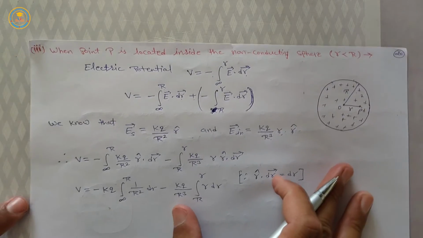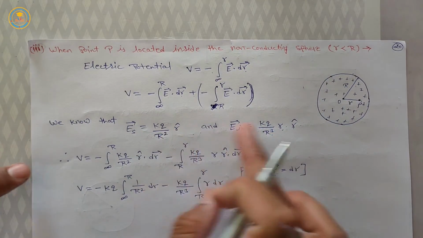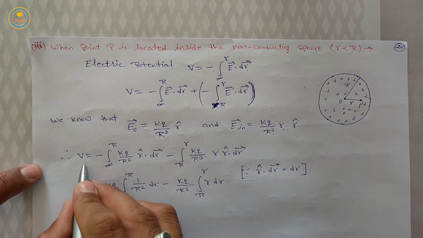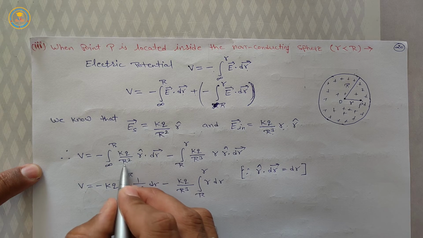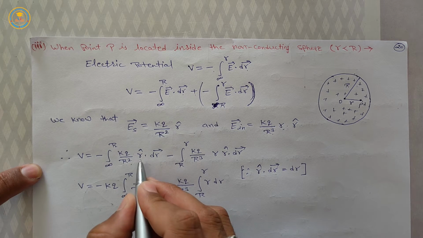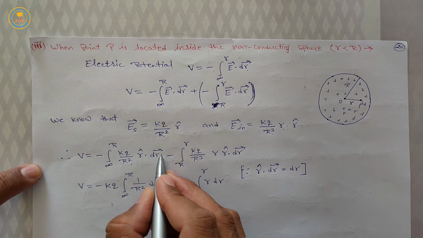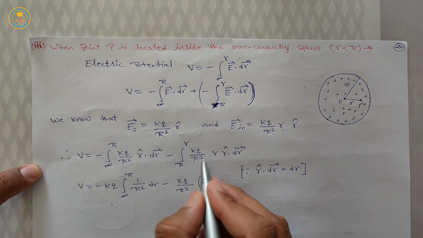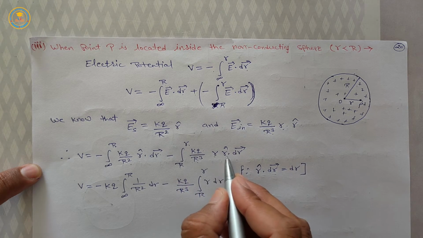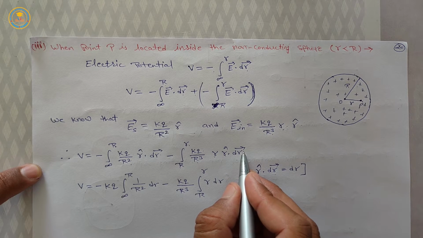According to this equation, we can see the electric field intensity at an inner point is directly proportional to distance. Put these values in this equation, then V is equal to minus the integral from infinity to capital R of kq upon r square, r cap dot dr vector, minus the integral from capital R to small r of kq upon R cube times r, r cap dot dr vector.